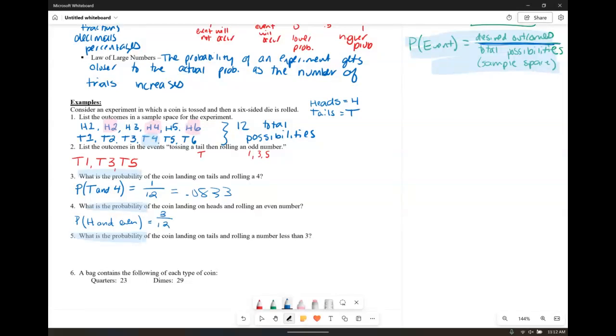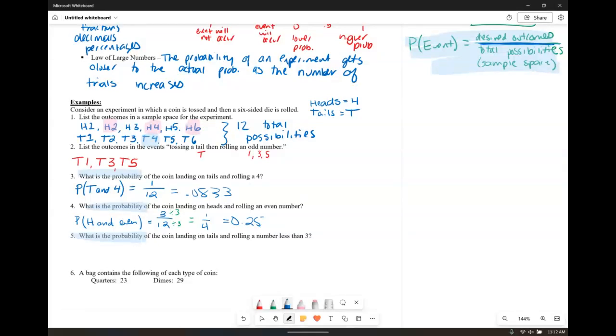I still have 12 total down there. So now my probability is 3 over 12. I want to answer this with a reduced fraction. So if I look at this 3 and this 12, I could divide each of those numbers by 3 and get 1/4. Okay, or I could say 0.25.